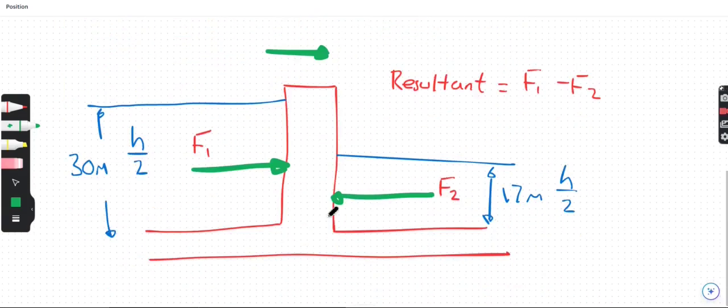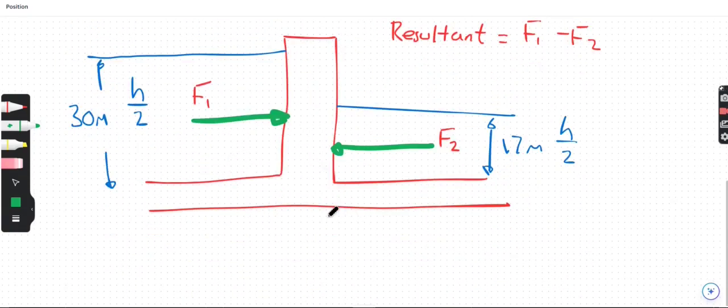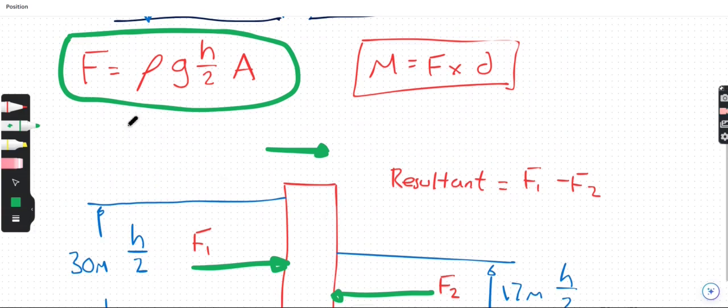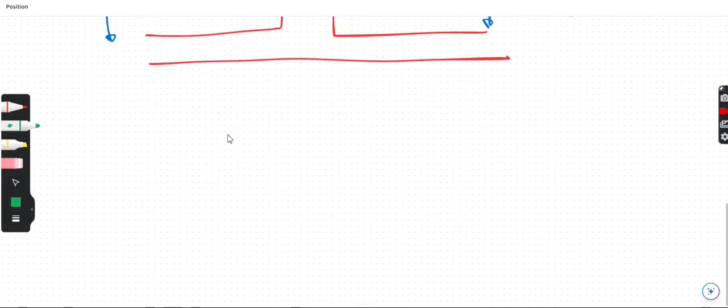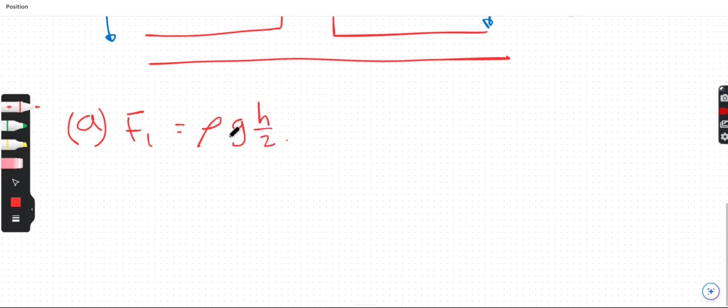So we'll start off finding F1. Here's my force: density, gravity, height divided by 2 and area. So part A, I'm going to find F1 first. And I know the force is density, gravity, height divided by 2 times the area.